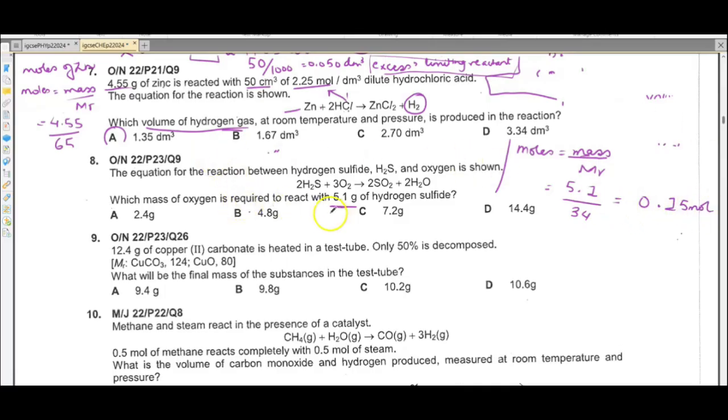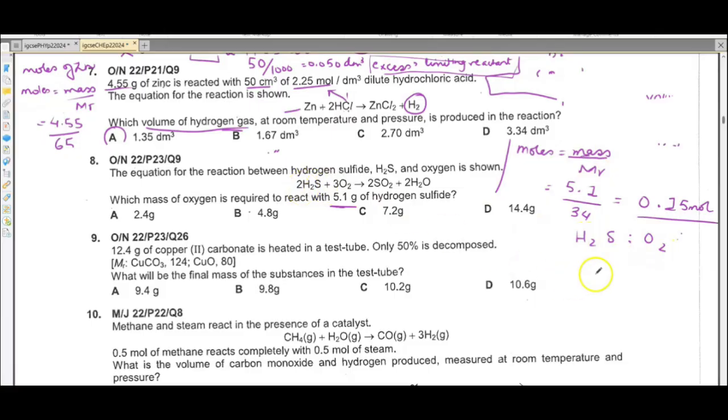So we know that this much mass of hydrogen sulfide contains this many moles of hydrogen sulfide. Once we've found that out, what we need to know is the number of moles of oxygen. How are we going to do that? We are going to use the moles of hydrogen sulfide.